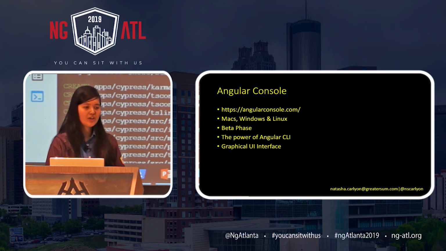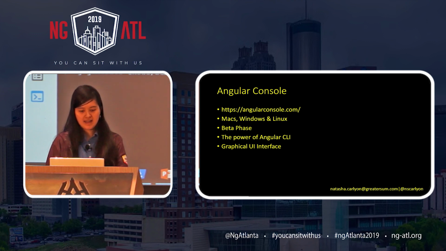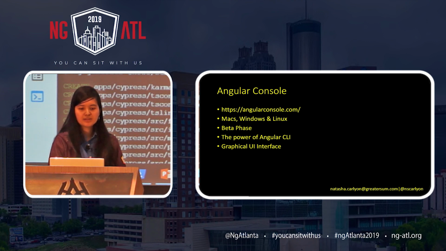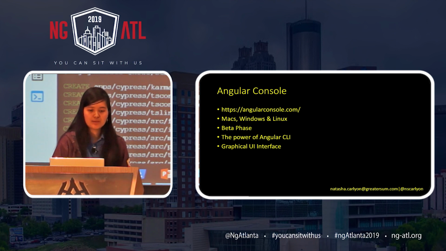So by default, it will always add Protractor for you, but all you have to do is type Cypress. And then you click generate, and it'll simply generate the app for you, integrating Cypress and creating all the necessary files you need to just get started. So I thought that was really amazing.